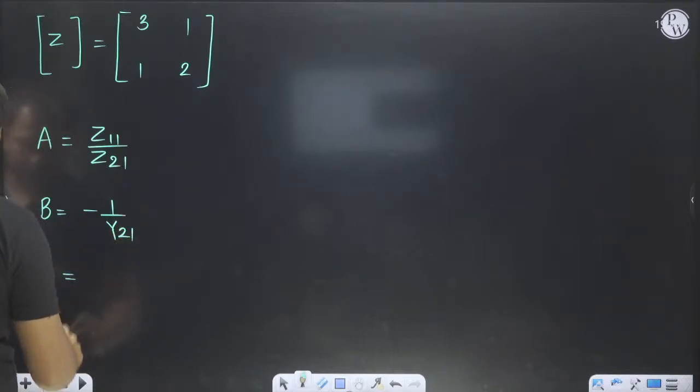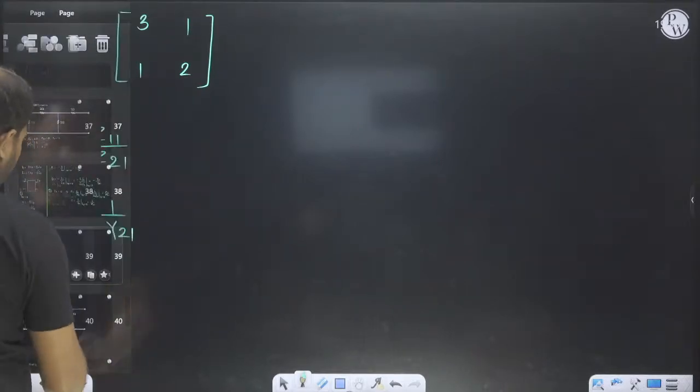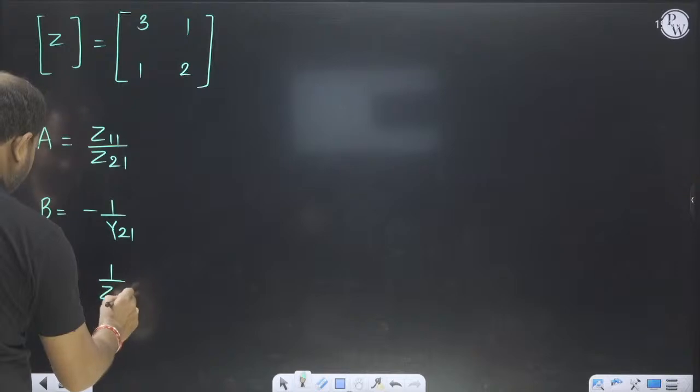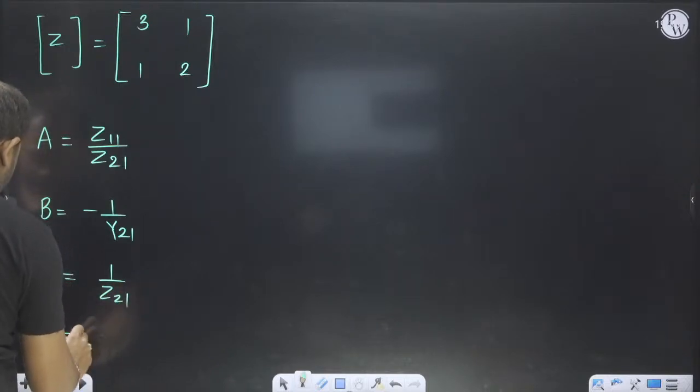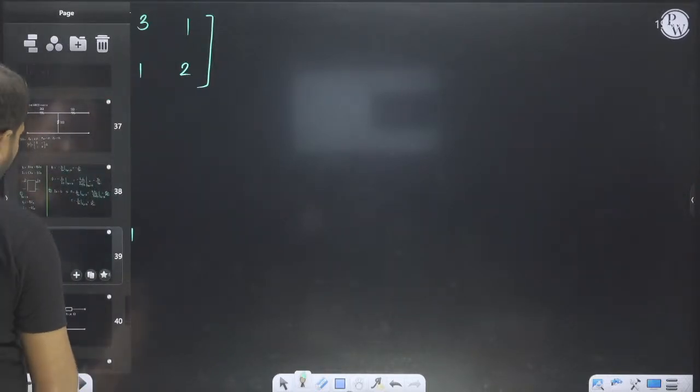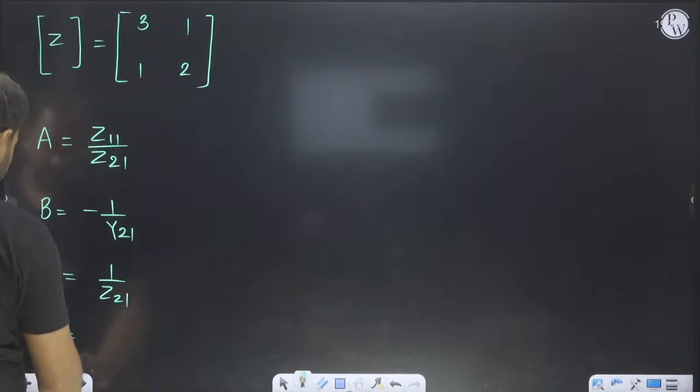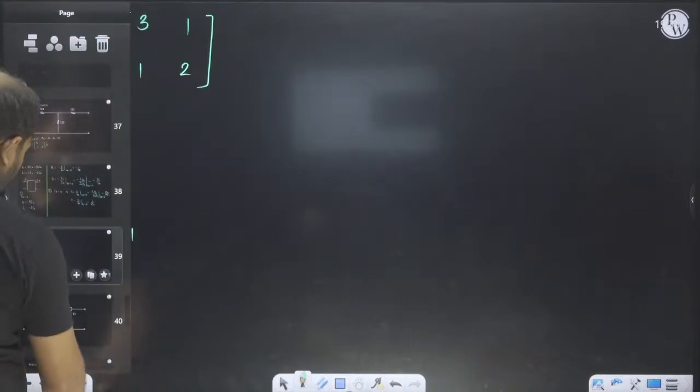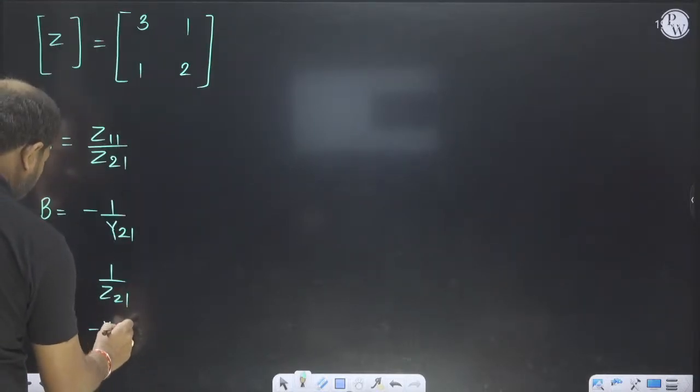C is equal to 1 by Z21. And D is equal to Y11 upon Y21.